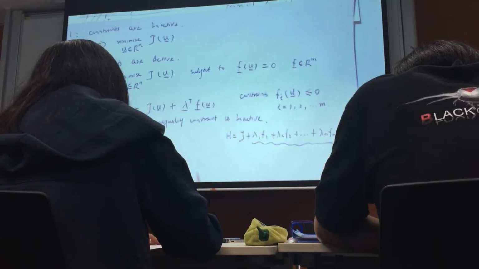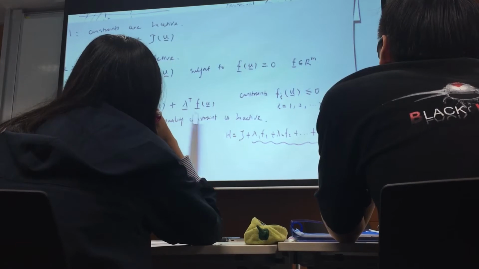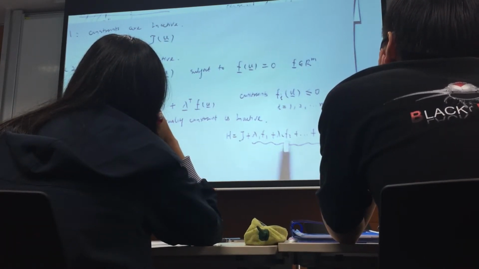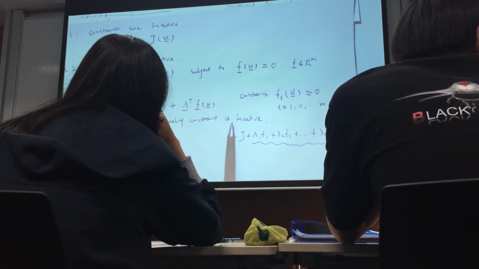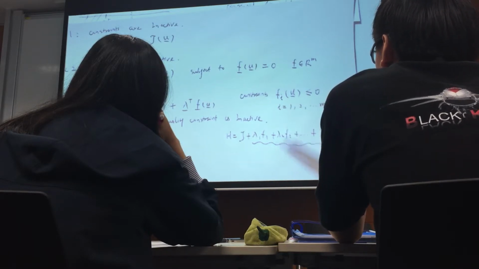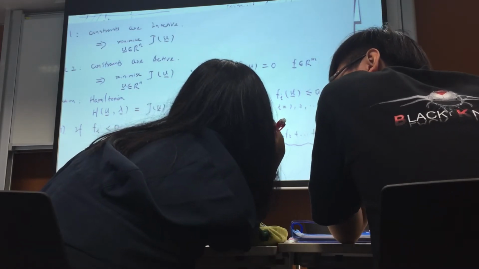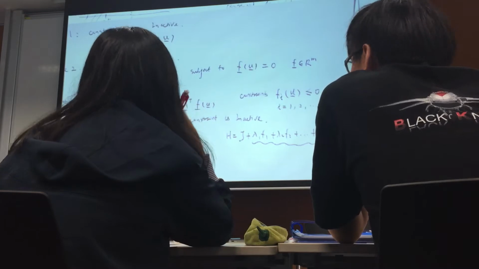This part is the product between the Lagrange multiplier and the constraints. For each constraint function, we have a corresponding Lagrange multiplier. So assume the i-th constraint is not active. That means this part will be ignored. To ignore this part, we can easily have a condition that the Lagrange multiplier is 0.